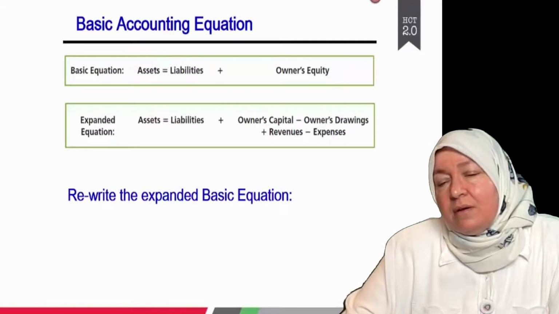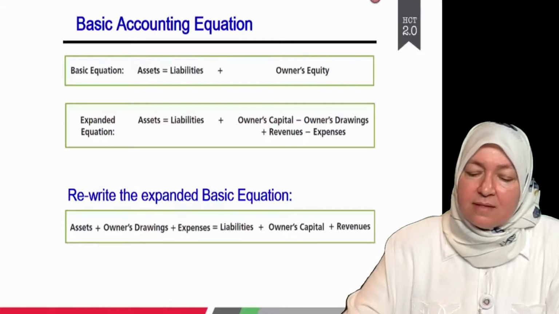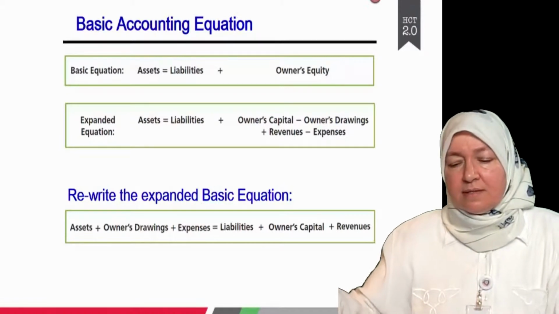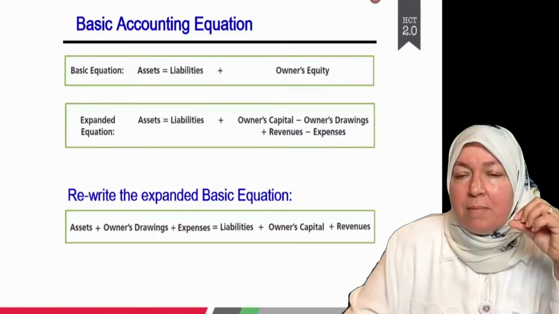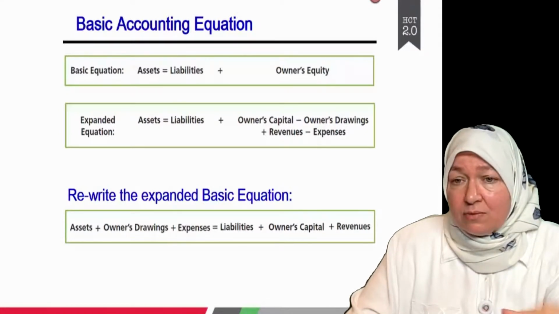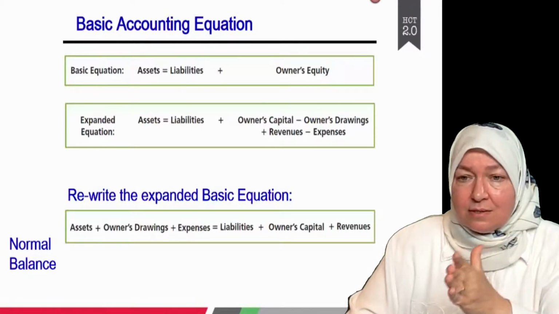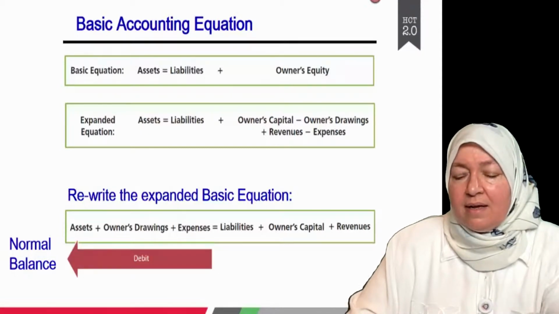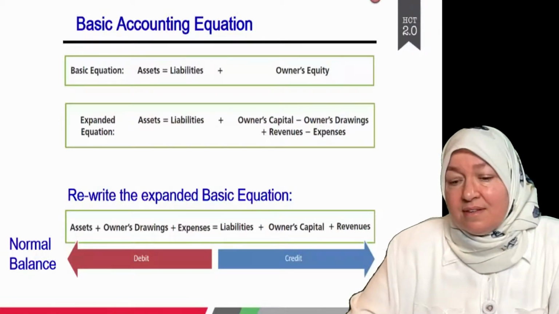If we rewrite the expanded basic equation, we find that assets plus drawings plus expenses on one side equals liabilities plus capital plus revenues on the other side. We now have to remember the normal balance of each one. To make it easy, for these 6 accounts, the normal balance of assets, drawings, and expenses, all of them, is debit, while liabilities, owner's capital, and revenues have a normal balance of credit.